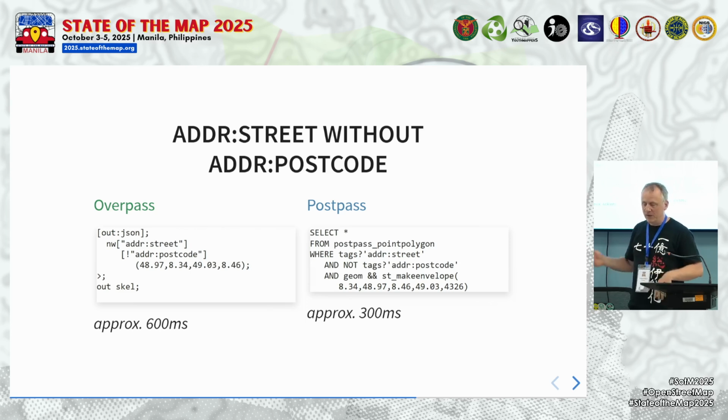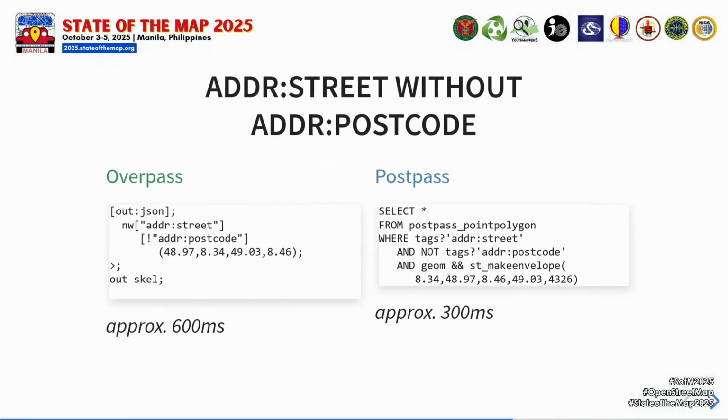This is something that you can ask for in Overpass. You would use the exclamation mark to say no, not this tag, and in Postpass in SQL you can use tags question mark something or not tags question mark something to ask whether something has a tag or does not have a tag.